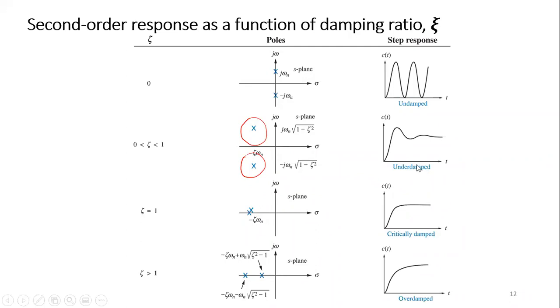Again, if you have the damping ratio 0, then you're going to expect that it is an undamped system. So imagine that there is no damping, so damping ratio 0. It means that it's oscillating. Imagine like a spring with a damping ratio very, very low or 0.